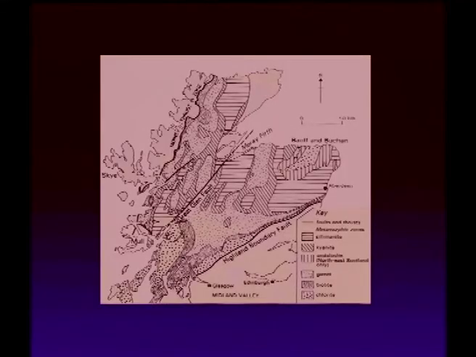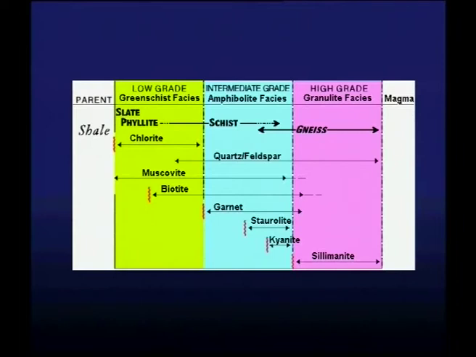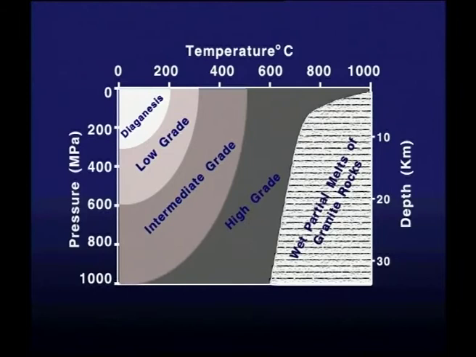Now let us see on the screen the map of that area, on which we can see the different grades based on index minerals like chlorite zone, biotite zone, almandine garnet zone, staurolite zone, kyanite zone, and sillimanite zone. On that basis, chlorite indicates the low grade zone, while sillimanite represents the higher grade zone.